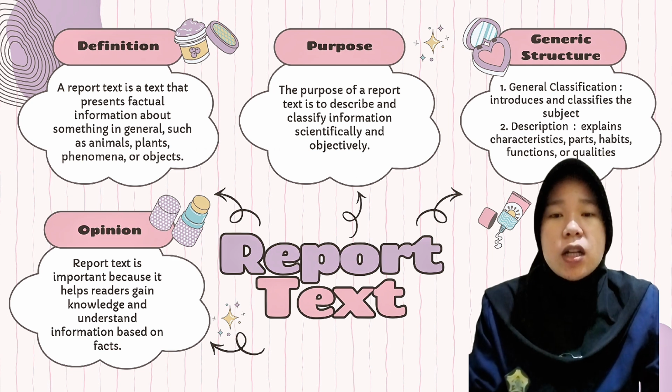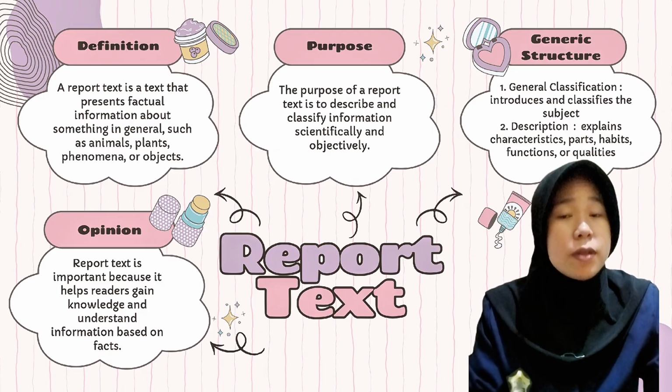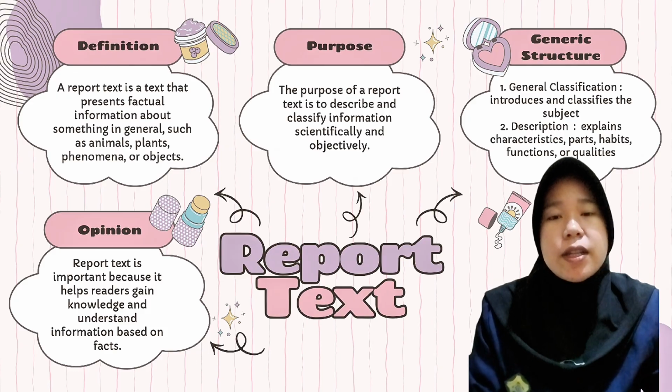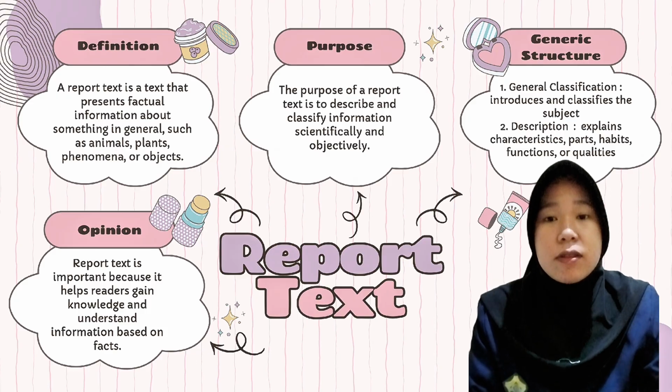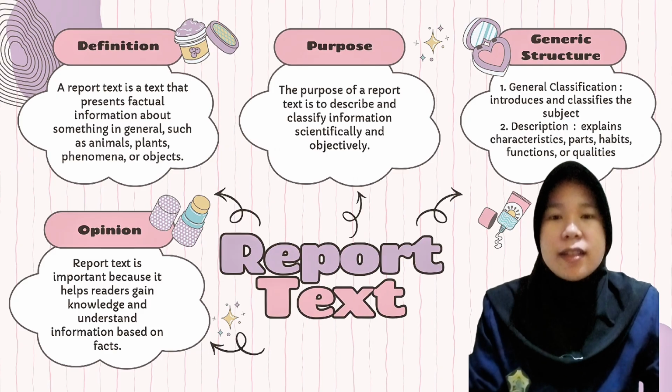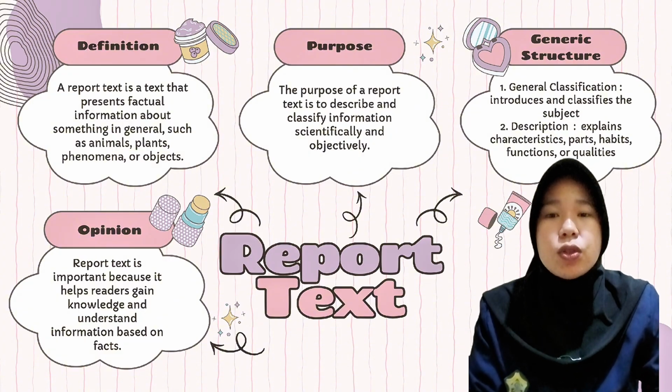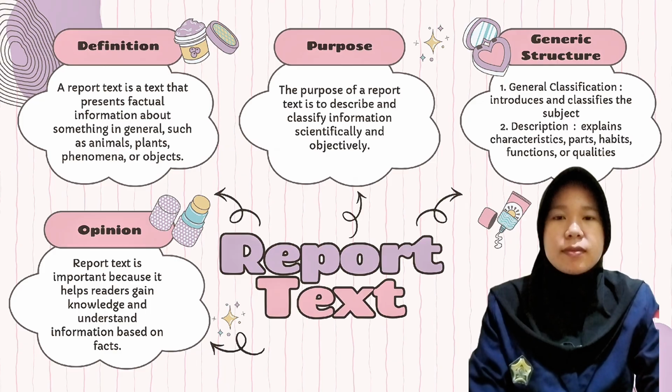The purpose of report text is to describe and classify information scientifically and objectively. So, the report text helps our readers understand information clearly based on facts, right? Report texts usually have two generic structures.